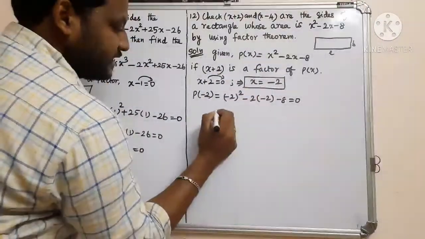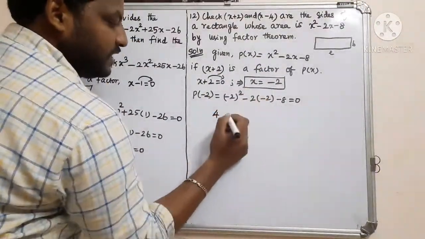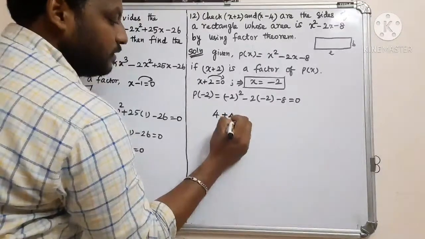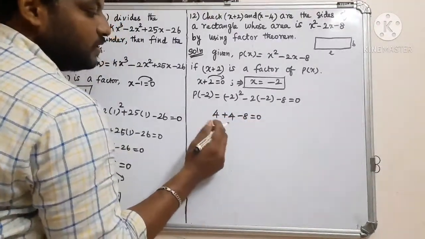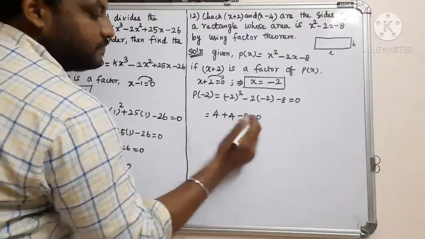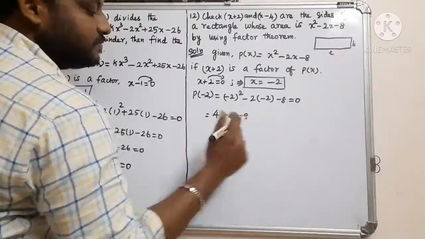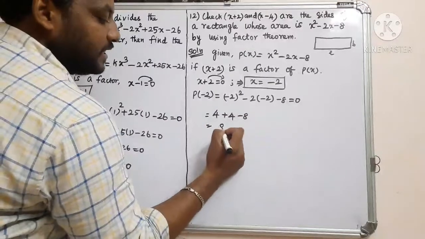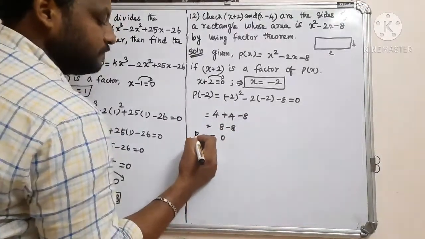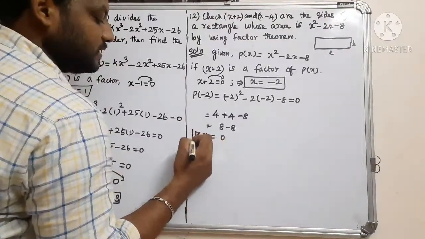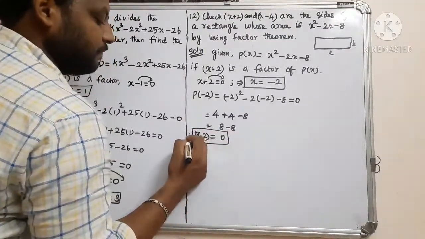So minus 2 square is plus 4, minus 2 into minus 2 is plus 4, minus 8 is equal to 0. So 4 plus 4 minus 8, which is equal to 0. So p of minus 2 is equal to 0.